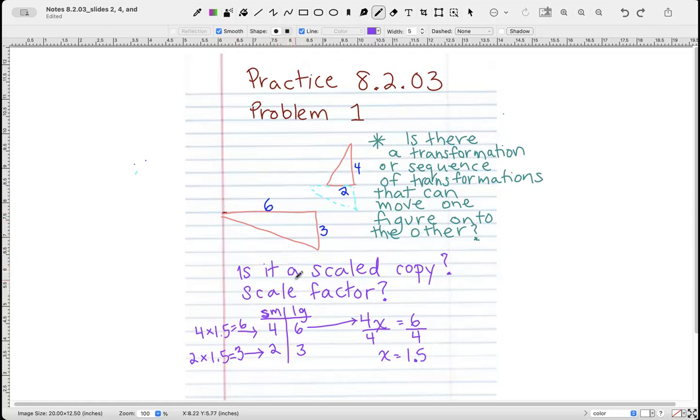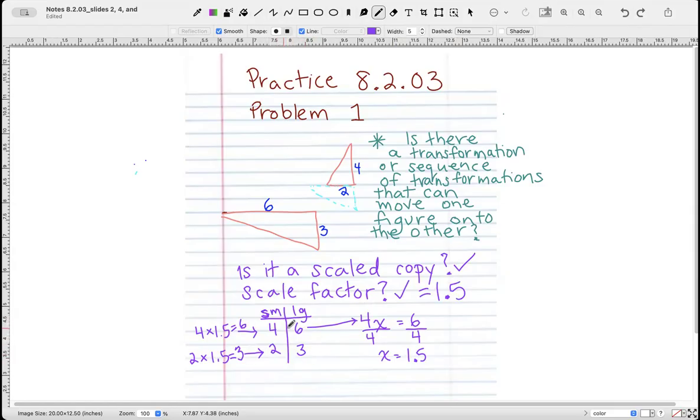Basically it means it's the same shape, different size. So is it a scaled copy? Yes. Do we have a scale factor? Yes. Scale factor is 1.5, because these are 1.5 times less than these. If you multiply this by 1.5, you get these numbers.